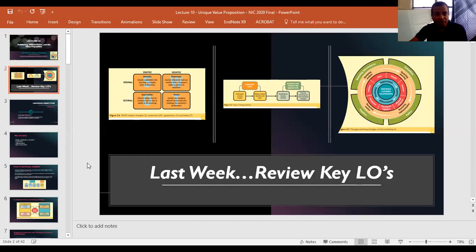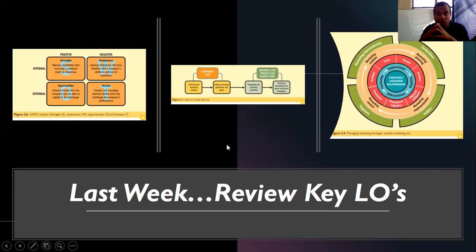A small recap of what we had in week 9. Last week we discussed a strategically very important topic, that is corporate strategy and marketing planning. We have seen the four broad steps involved in corporate strategy, and we covered them with good examples: defining the company mission statement, then setting the goals and objectives, and then developing the strategy for the business portfolio, the SBUs.